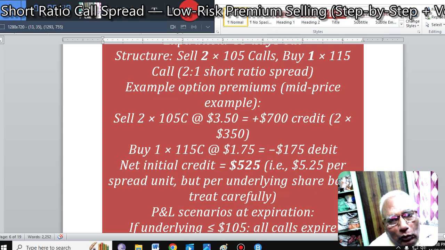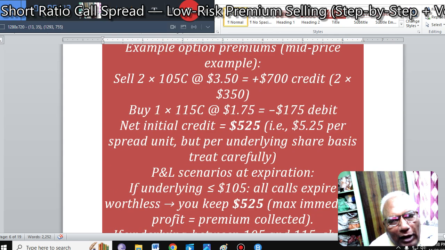Buy 1 of the 115 call at a price of $1.75, equals a $175 debit. Net initial credit is $525, that is $5.25 per spread unit on a per-underlying-share basis.